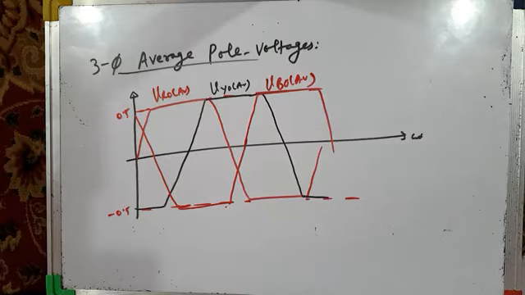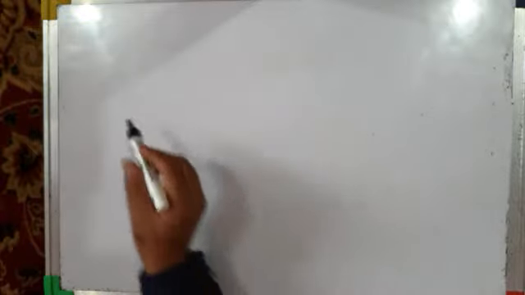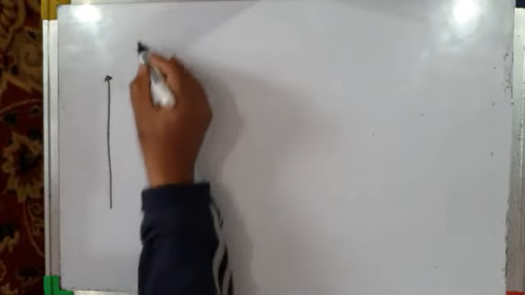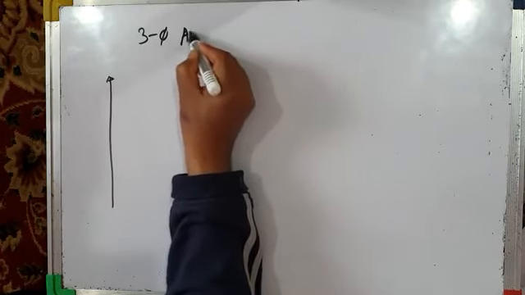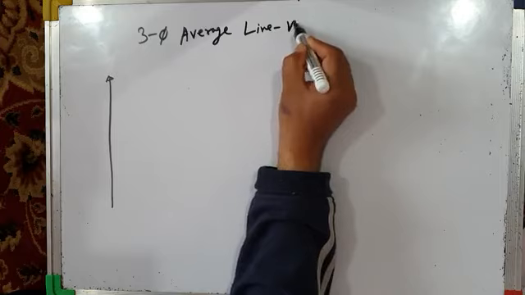What about three-phase average line voltages? Now because over-modulation is high now, M is equal to 2, our line voltages are moving slowly towards the quasi-square wave, or our phase to neutral voltages are slowly moving. They are very near to 6-step voltages. Let us try to see the nature of three-phase average line voltages.